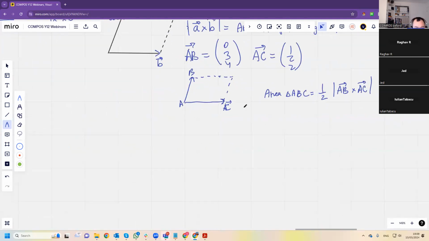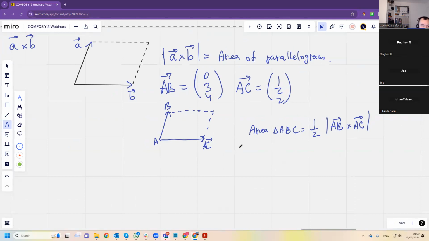Now, for the cross product you use matrices. So AB multiplied by AC. I'm just going to show you how to do this without really explaining how. I, J, K, these are the base vectors. And here I write 0, 3, 4, 1, 2, 2.